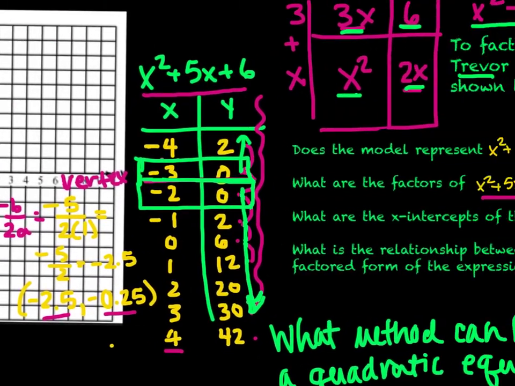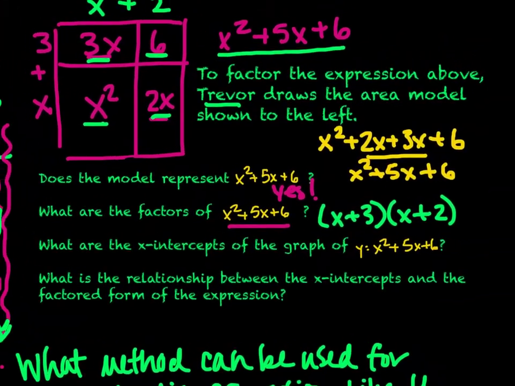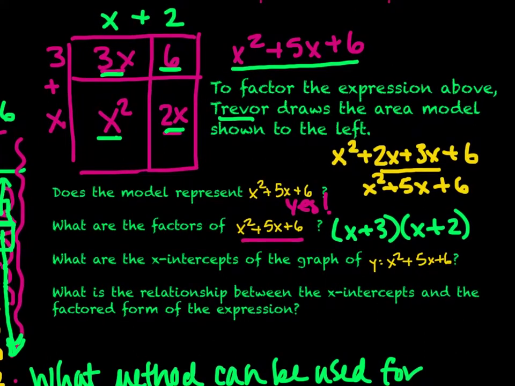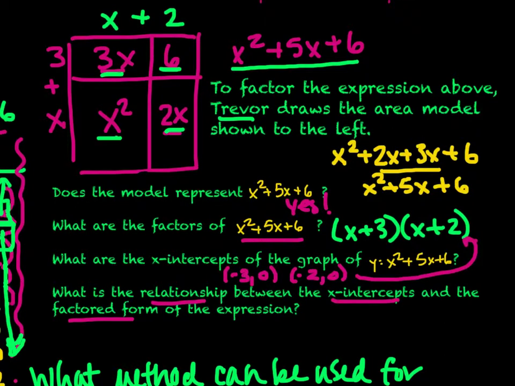Now let's go over to our actual problem here. It says, what are the x-intercepts of the graph? And our x-intercepts, we just said, were -3, 0, and -2, 0. And if I look at this, what is the relationship between the x-intercepts and the factored form of the expression? Let's look at that.